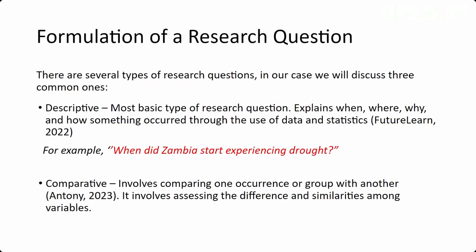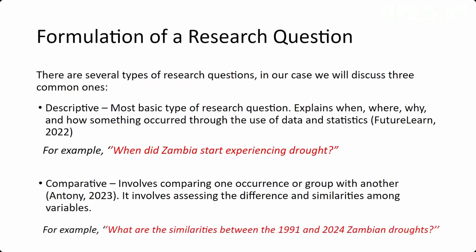So as a researcher, you need to be careful on how you are formulating your research question because it will also affect your research topic and your focus. For example, what are the similarities between the 1991 and the 2024 Zambian drought? There you can analyze. You can start with the basics: how it was handled in 1991 and what period it covered, compared to 2024, what period it covered, how it was handled.